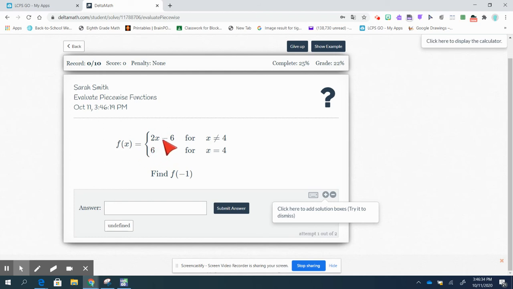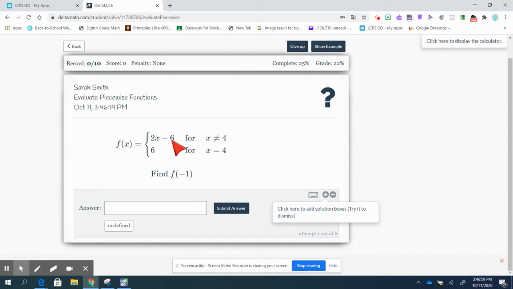We have 2x minus 6 for when x is not equal to 4. And then when x is 4, we know we're going to use this one. Okay, so now we have find f of -1. That means our x is -1. So is -1 4 or not 4? We know -1 is not 4. So that means we're going to use this one.